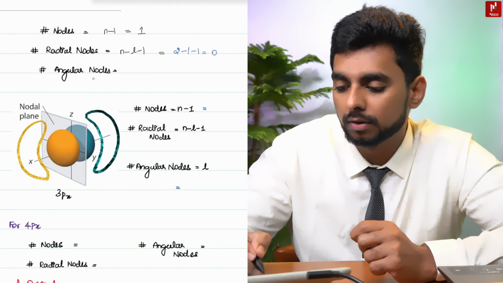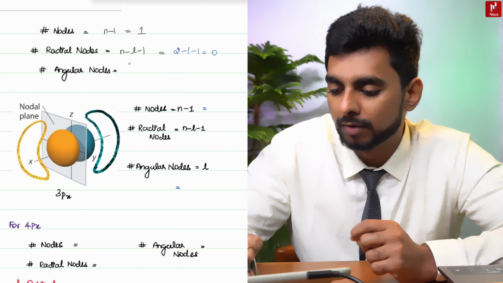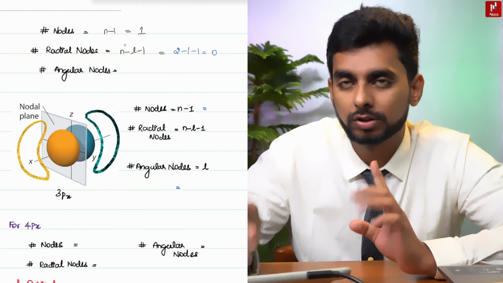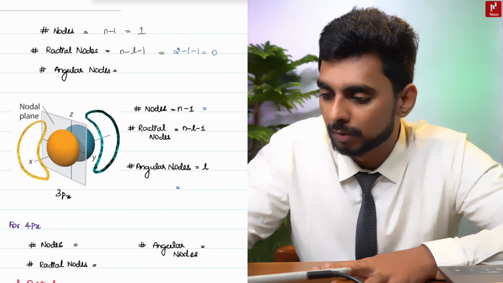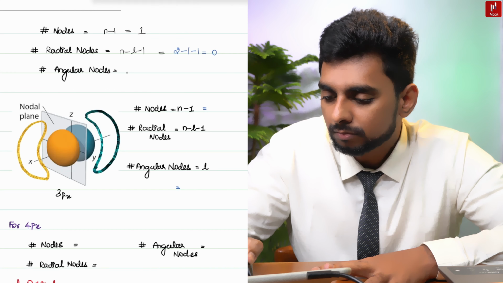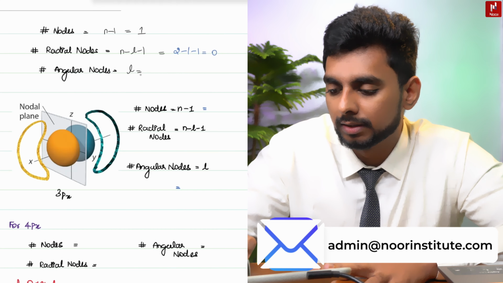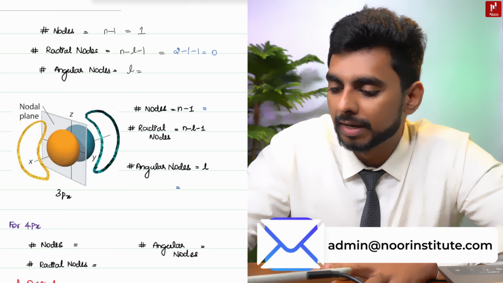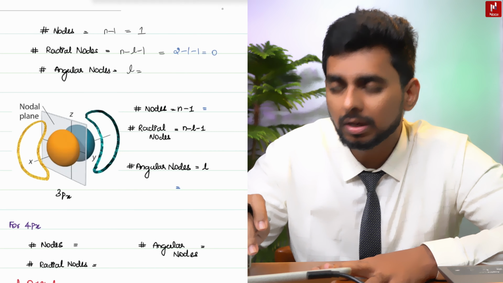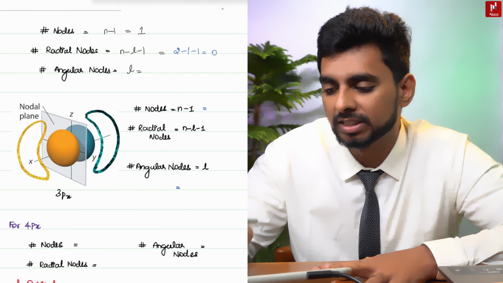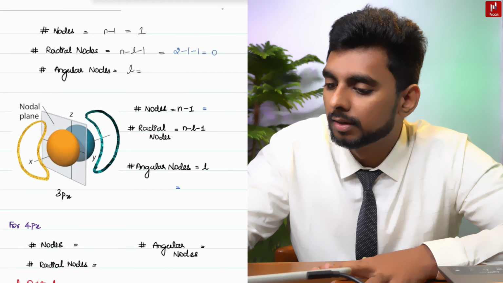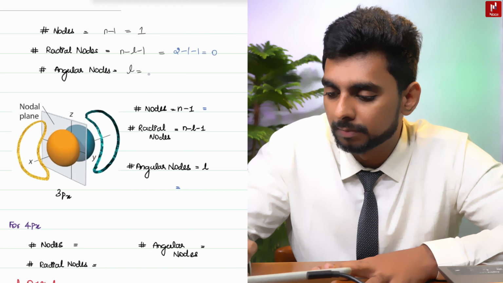Obviously you have one node, and that node should be the angular node, so the general formula to get the angular node will be l. Therefore, 1 will be my answer, because the azimuthal quantum number for the p subshell is 1.